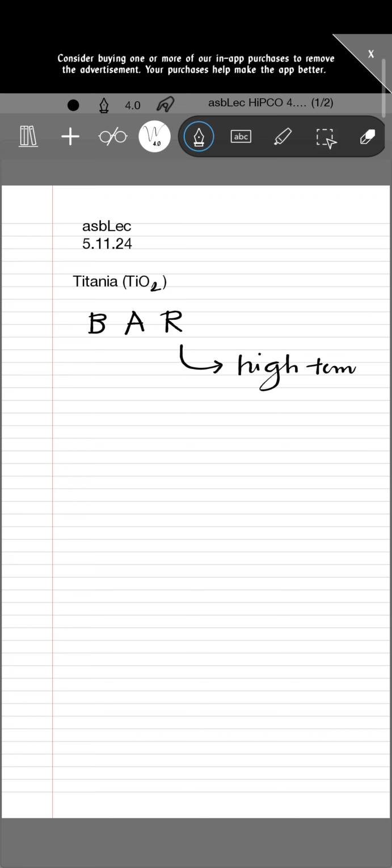That means we have a B or A phase, and if they are subjected to high temperature, rutile phase is formed.